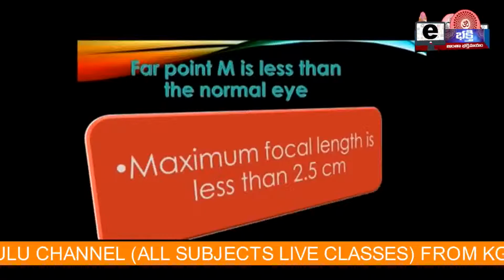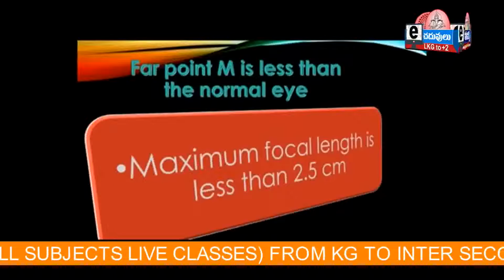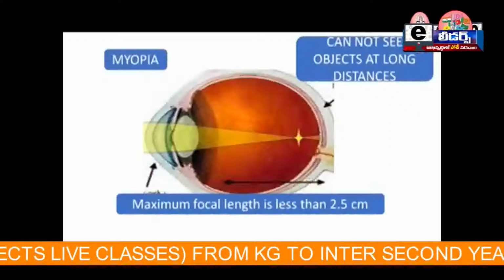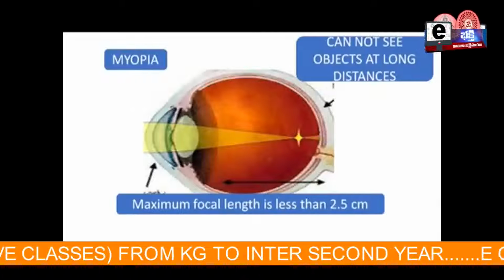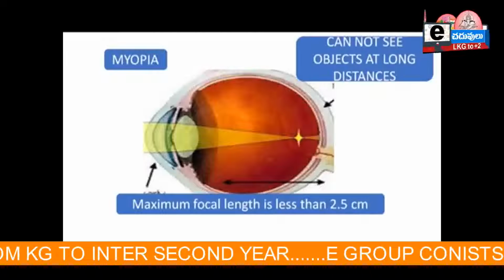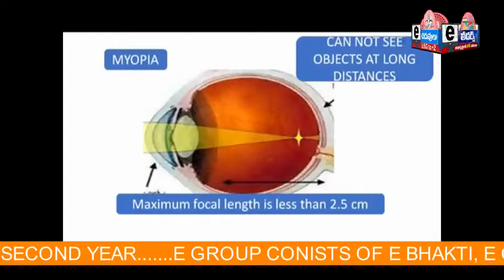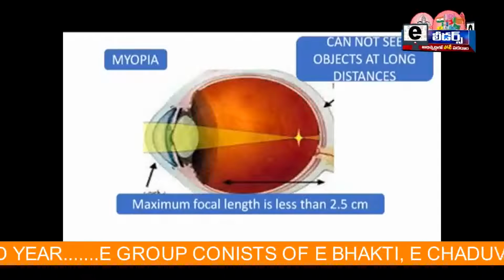The maximum focal length of the eye lens will be less than 2.5 centimeters. People suffering with myopia can see objects up to a certain distance only. This will be the far point for these persons.